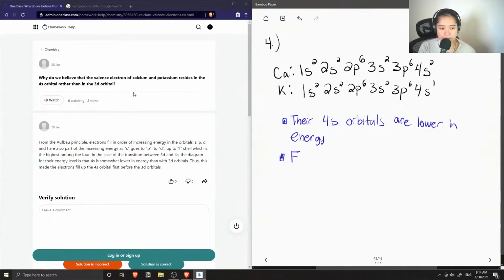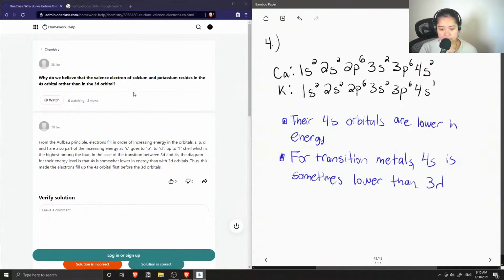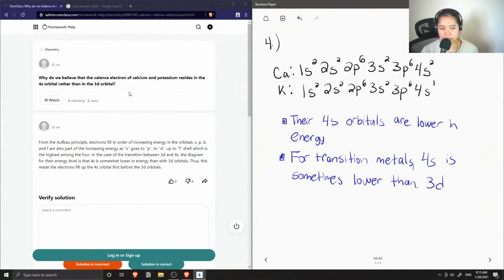So typically for transition metals, sometimes your 4s can be lower than the 3d orbital. But for both calcium and potassium, the 4s orbitals would still be considered lower in energy.